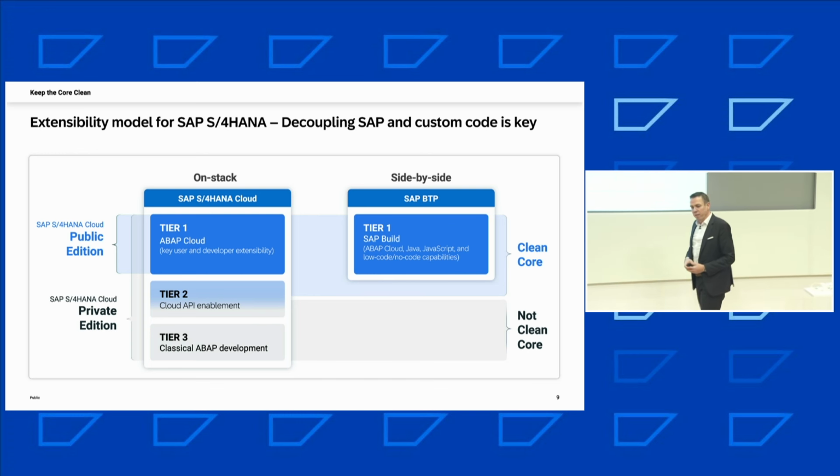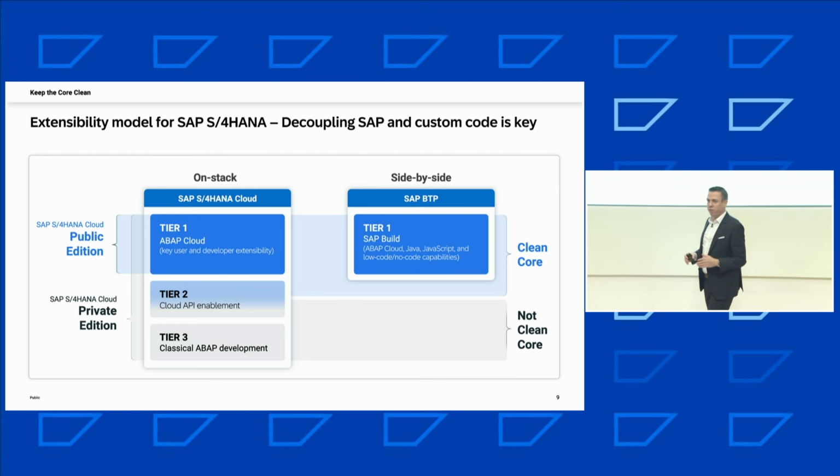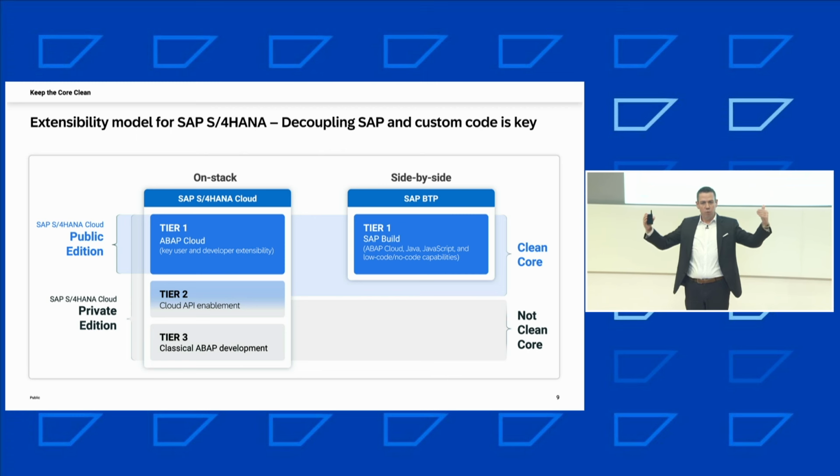And then there is this tier 2 enablement layer, which is more or less a wrapper which you can build if you want to from clean core compliant tier 1 ABAP code.